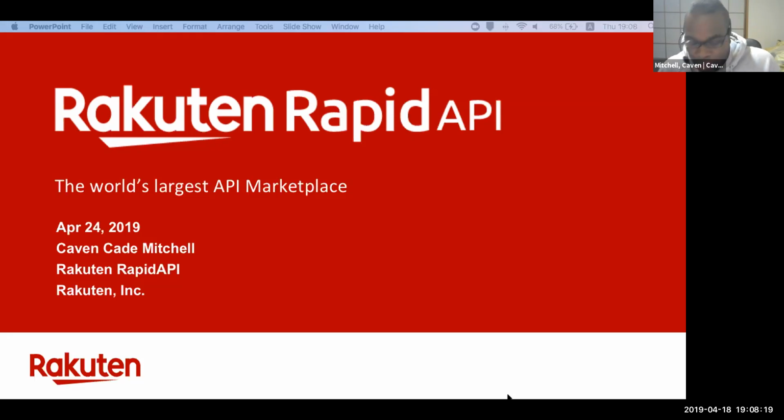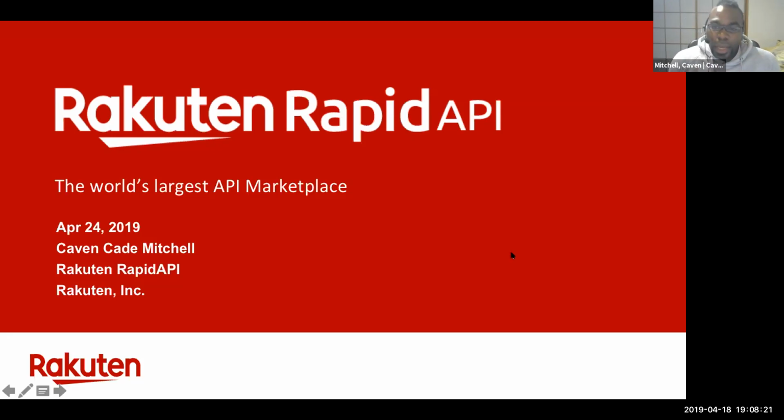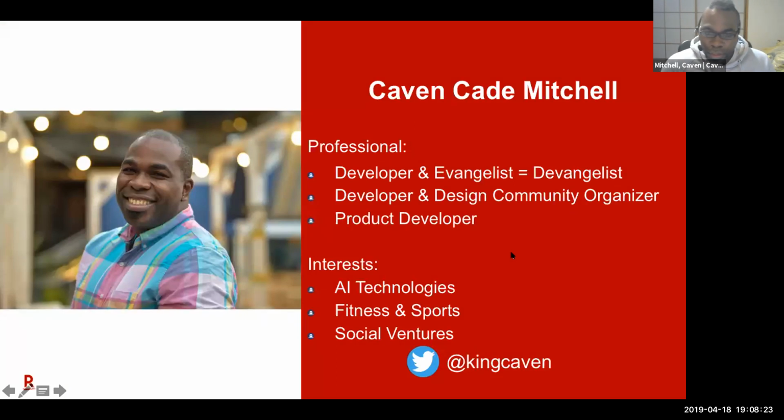My name is Kaven Said Mitchell. I'm a developer and evangelist. I'm also a community organizer here in Tokyo. And I have experience as a product developer, application creator. So I have a full stack background.